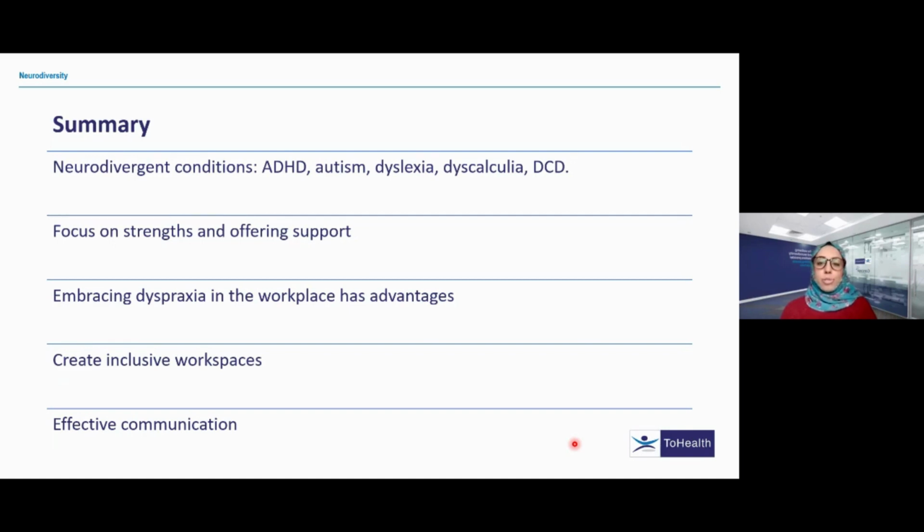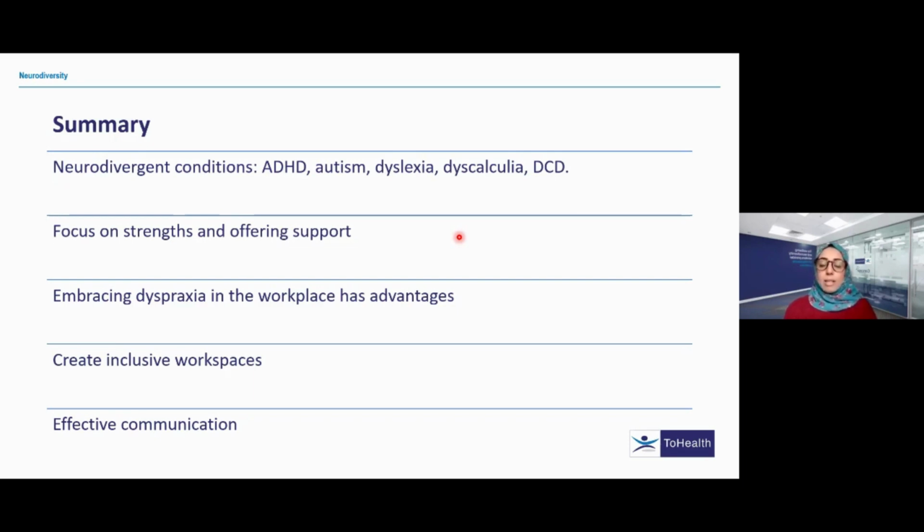So to summarize, the neurodivergent conditions include not just dyspraxia, but ADHD, autism, dyslexia, dyscalculia, as well as developmental coordination disorder, also known as dyspraxia. Focusing on an individual's strengths can lead to enhanced creativity, problem solving, and collaboration in the workplace.